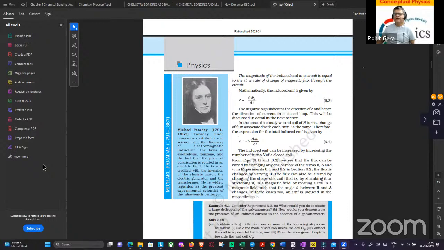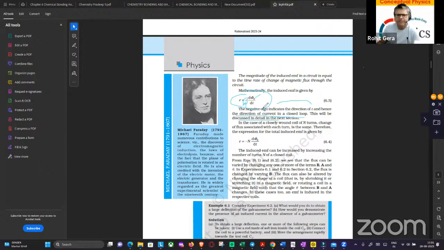The time rate of change of magnetic flux. The negative sign you see is very crucial. This negative sign indicates the direction of E and hence the direction of the current. We will discuss this sign later. It has a significance, but currently our focus is only on the derivative of phi with respect to t.